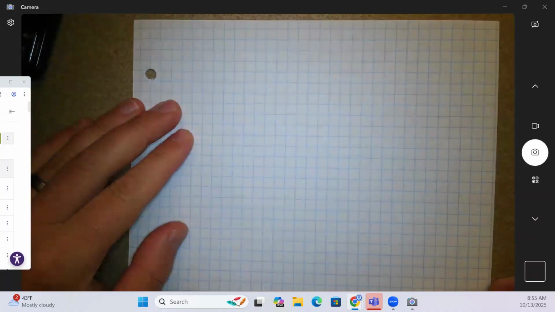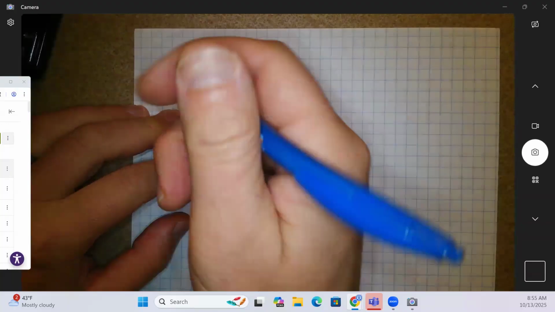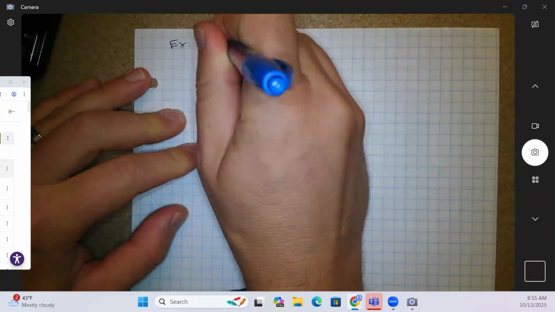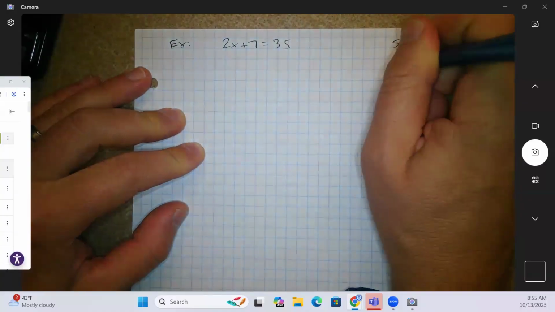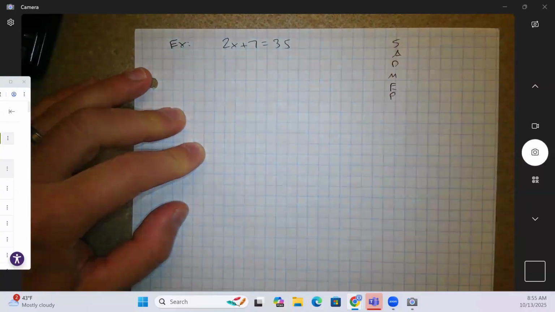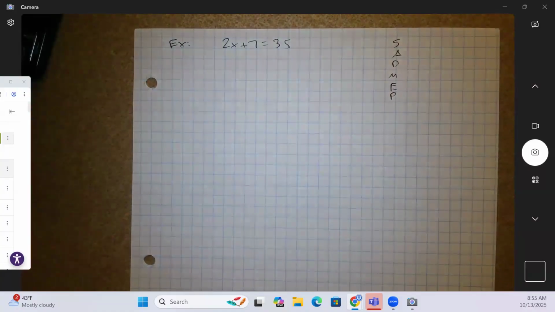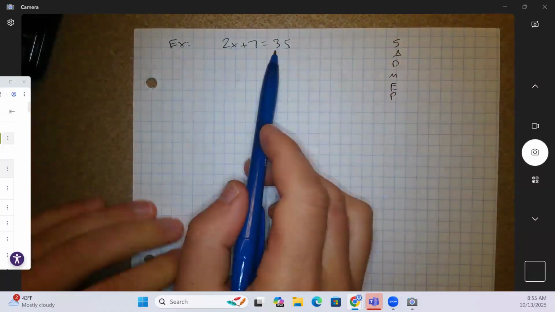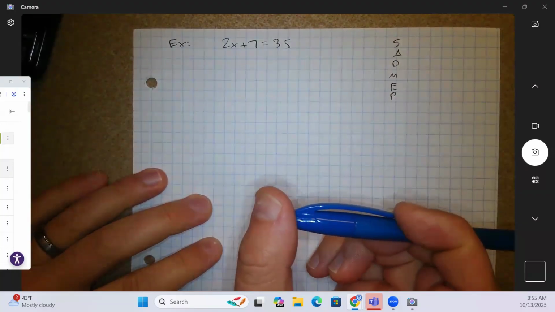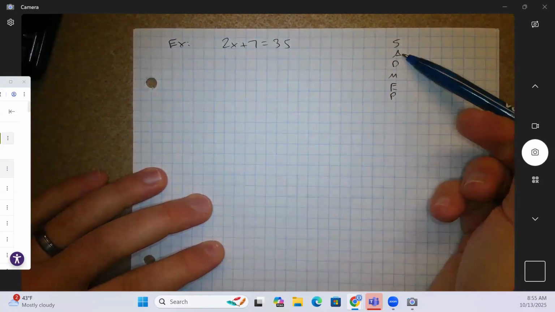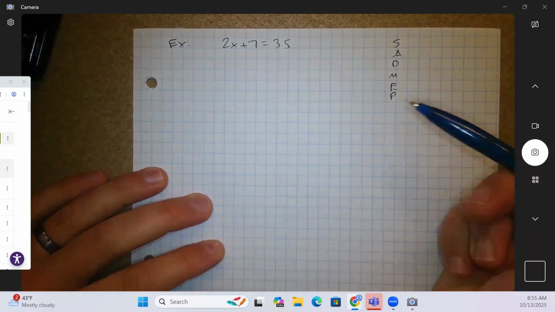All right. Let's grab that equation. Start over fresh at the top of this page. So our example was 2x plus 7 equals 35. And to solve this equation, we're going to undo the operations using SADMAP. So which operation do we undo first? The addition, because undoing addition comes before undoing multiplication.